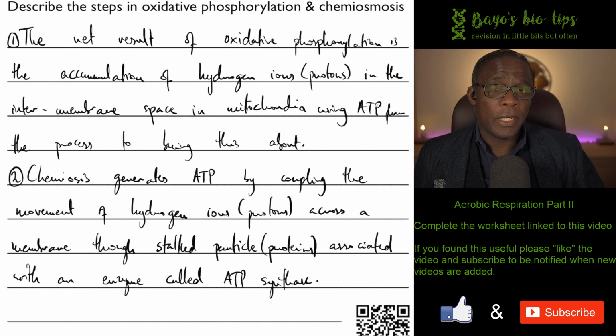Now that you've created a concentration gradient between the intermembrane space and the matrix of the mitochondria, the protons flow through those stalked particles. As they flow through, because the stalked particles are associated with this enzyme, ATP synthase, the movement of the protons, what we call proton motive force, brings about the phosphorylation of ADP to ATP.